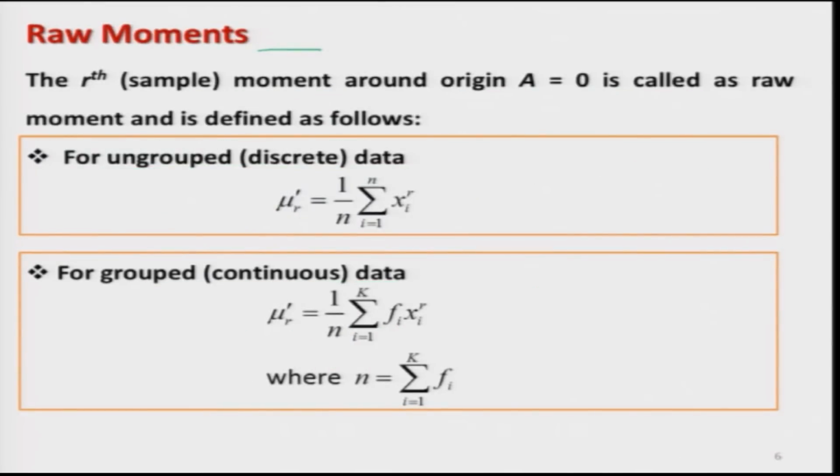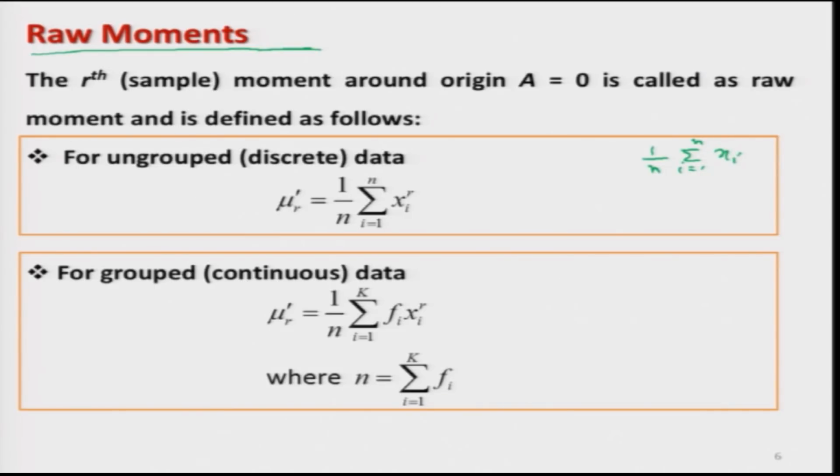Now, I try to give you the idea of what are called raw moments. You will see that most of the things are simply particular cases of what we have obtained. As you had seen in the case of the arithmetic mean, we take the mean of the x i's.